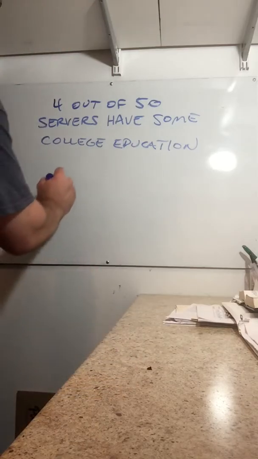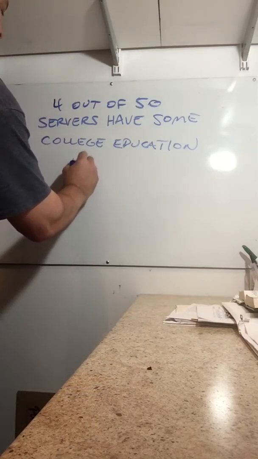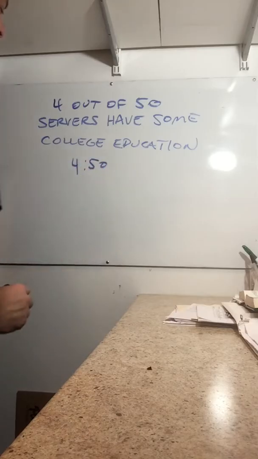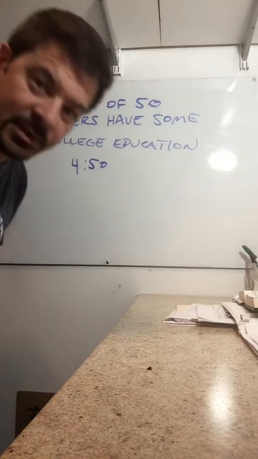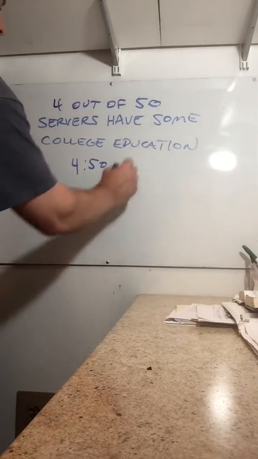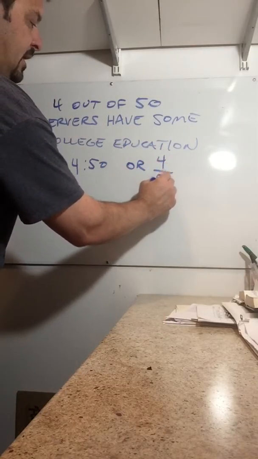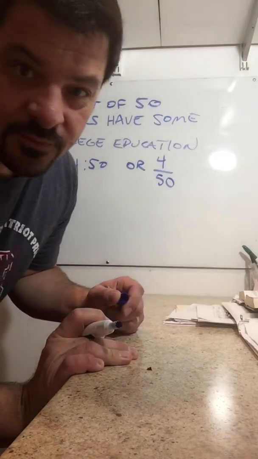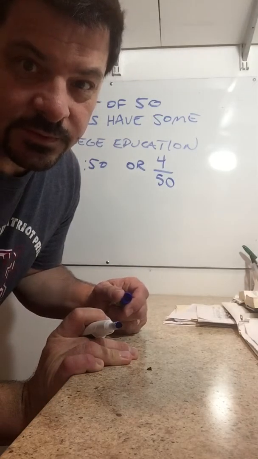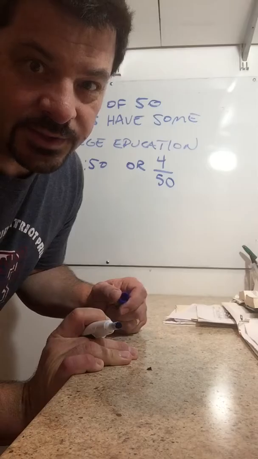This is a ratio. 4 out of 50 is one way of expressing that. Or, 4 out of 50 is a fraction of servers that have some sort of college education.